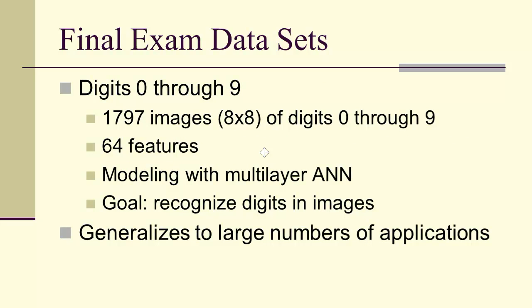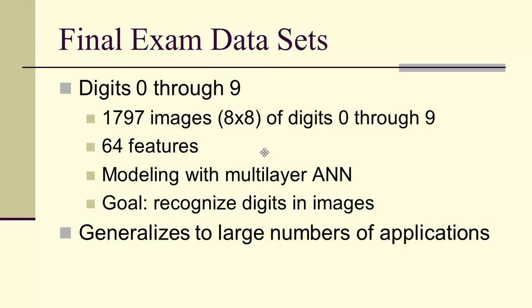There's also going to be a final exam data set involving digits. And here we'll be modeling with neural networks. Actually, I think I've changed that to support vector machines, which converge a little faster.